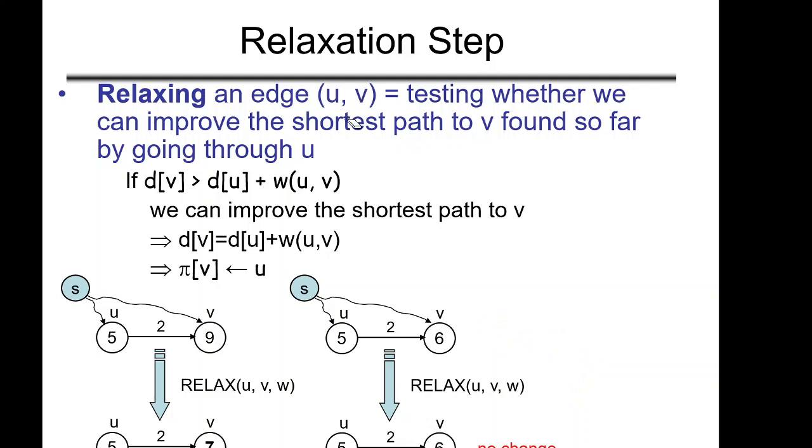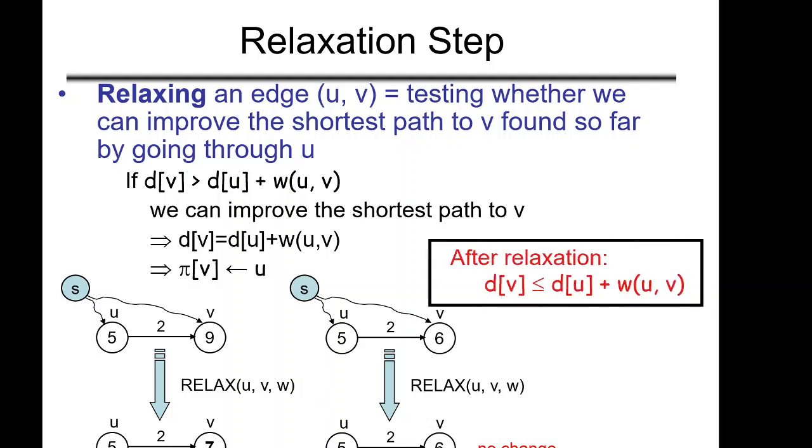So this is the edge relaxation step. We are relaxing an edge uv. If there is a greater value existing at v, we will improve it. If not, we will do nothing. This is called edge relaxation. After relaxation, definitely d of v is less than or equal to d of u plus w of uv.